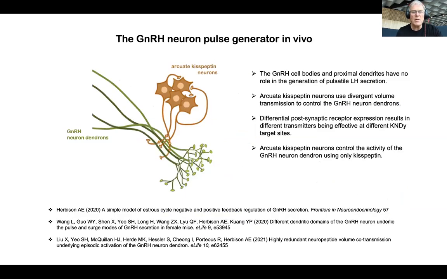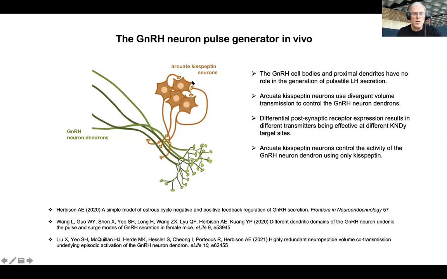So just in summary then, this is the diagram of the pulse generator, and you'll note that it lacks the GnRH neuron cell bodies because we don't think they're actually important or required for pulsatile LH secretion. I've shown you that these kisspeptin neurons are using divergent volume transmission. The way I've indicated here, with these little synaptic boutons winding their way through the dendron.